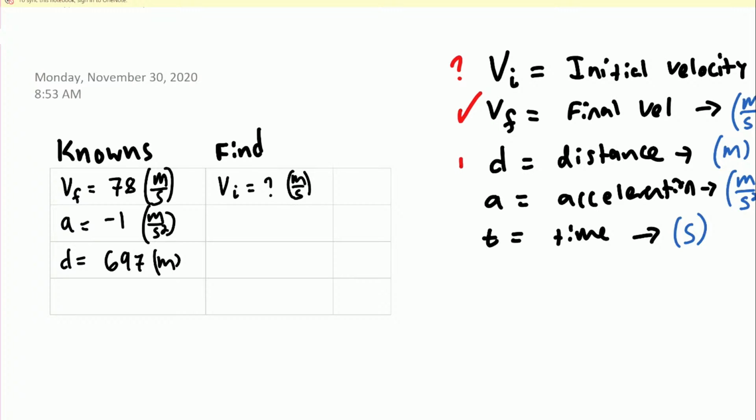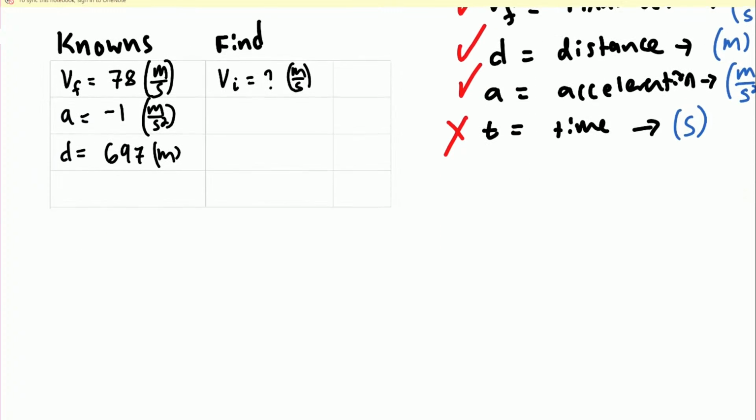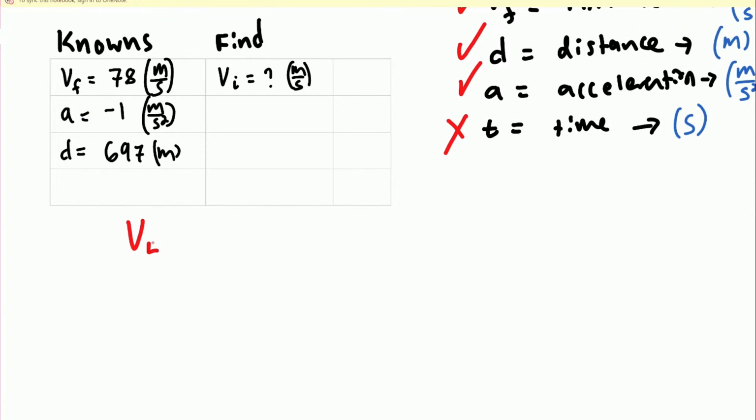I know the displacement, I know the acceleration, and I don't know the time. Now I want an equation that starts with v sub I and has some combination of v sub f, a, and d. And any equation that has time, I want to mark out.